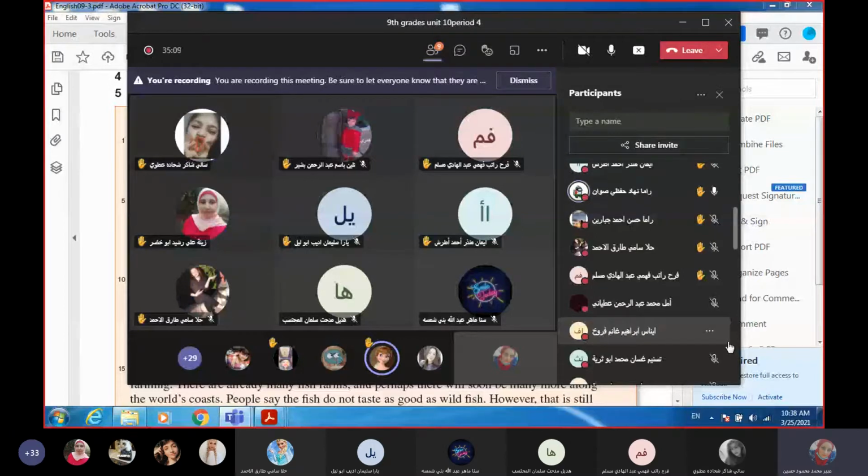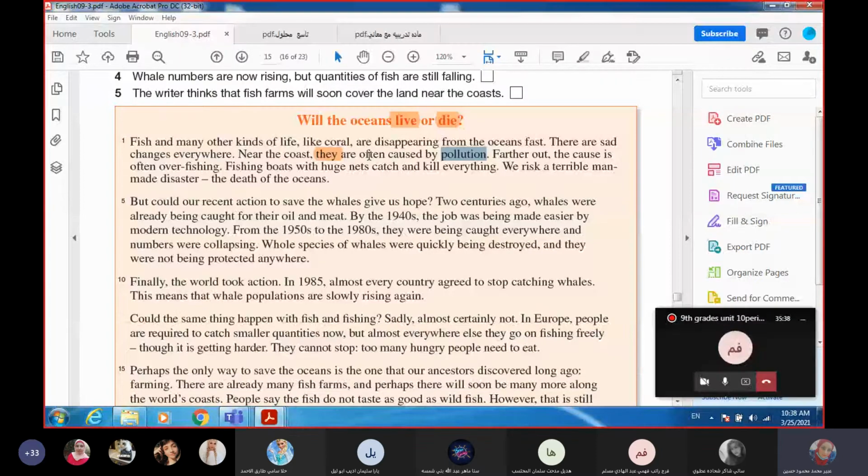All of these causes are natural or man-made disasters. They are man-made. Pollution and overfishing. What helps man with overfishing? Huge nets catch and kill everything. What do we mean by everything? It means all things. Opposite of everything, nothing.